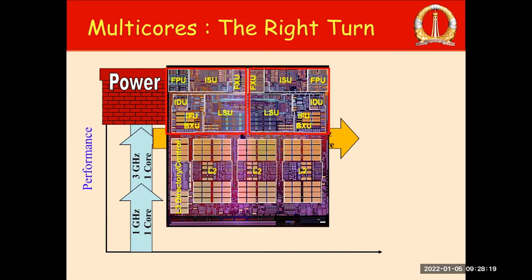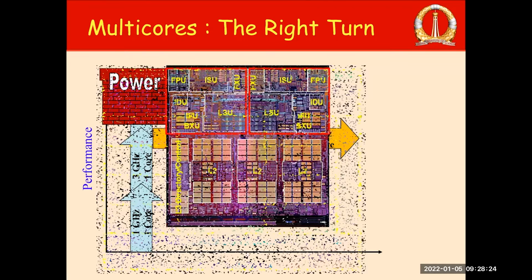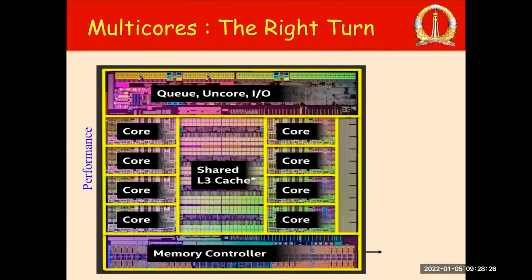Soon enough, Intel also came up with 2-core and 4-core architectures, and here is a die shot of an 8-core architecture, where you could see that there are 8 independent processor cores, which means that the entire processor data path, instruction fetch, decode, register renaming, your reservation stations, instruction queues, your pipelines, everything is replicated, right? So each core has an entire processor data path.